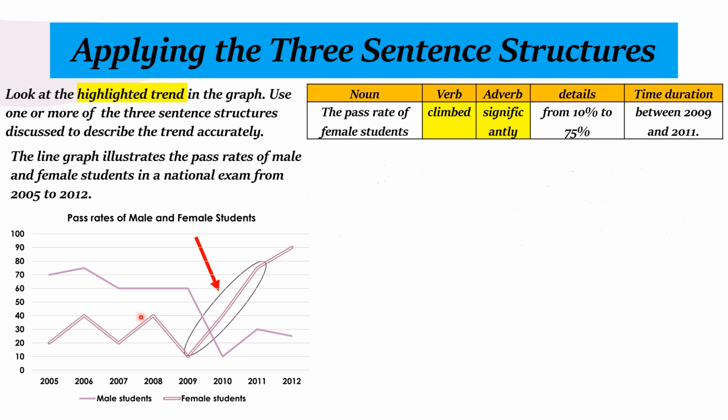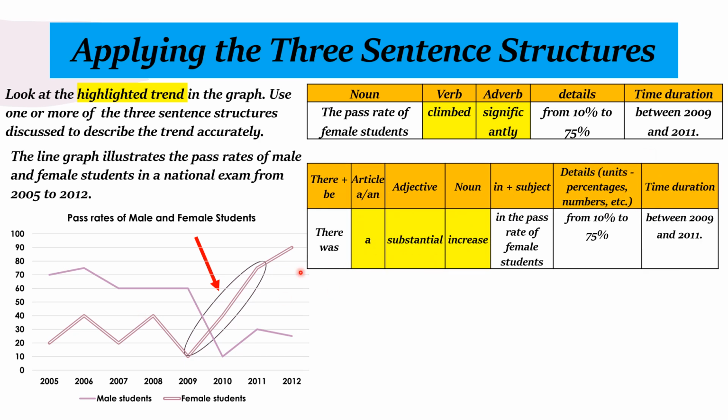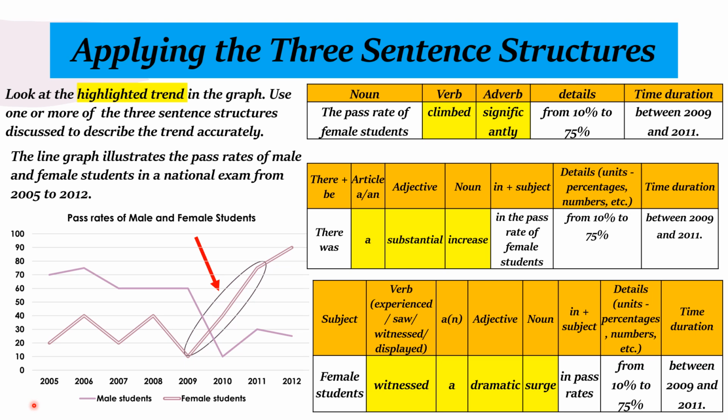Using the second structure, we can write: there was a substantial increase in the pass rate of female students from 10% to 75% between 2009 and 2011.